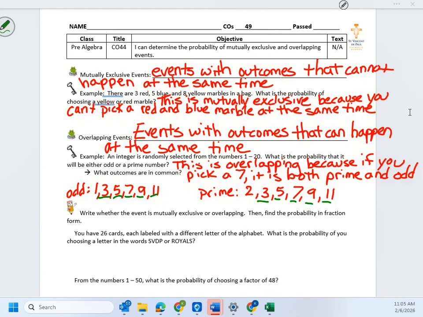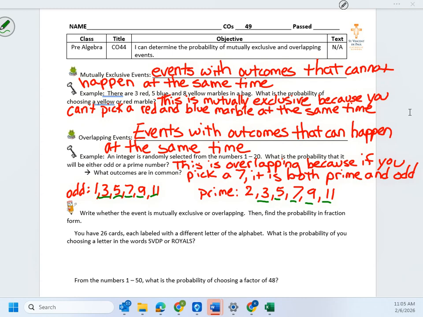We're only going to count the overlap ones one time. So if we had numbers up to 12, and we want to know how many would be successful, we would count 1, 3, 5. So that's 1, 2, 3, 4, 5, 6, 7.